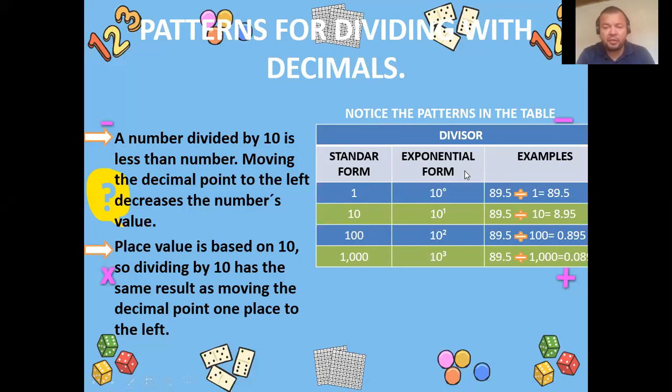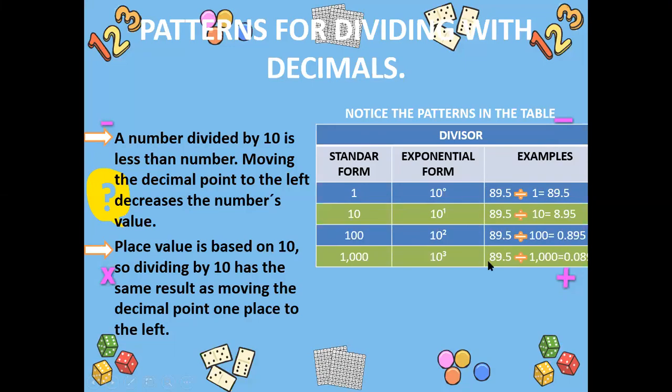The exponential form is 10 to the 0, 10 to the 1, 10 to the 2, and 10 to the 3. Here are some examples: 89.5 divided by 1 is equal to 89.5. 89.5 divided by 10 is equal to 8.95. 89.5 divided by 100 is equal to 0.895.